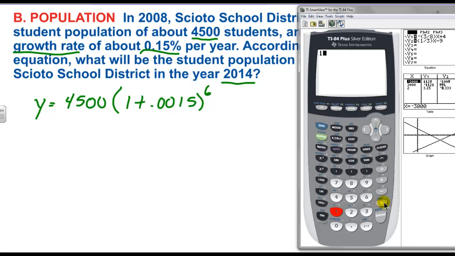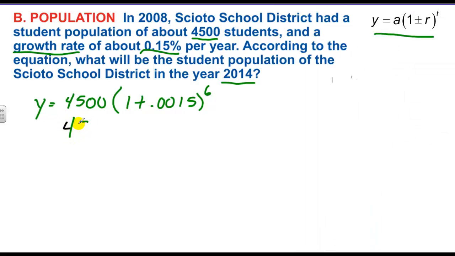So I say 1 plus 0.0015. Find out what that equals. Raise it to the 6th power. Find out what that equals. And then multiply by 4,500. And that gets us approximately 4,540. So we've gone up by 40 people. And that's equal to y.